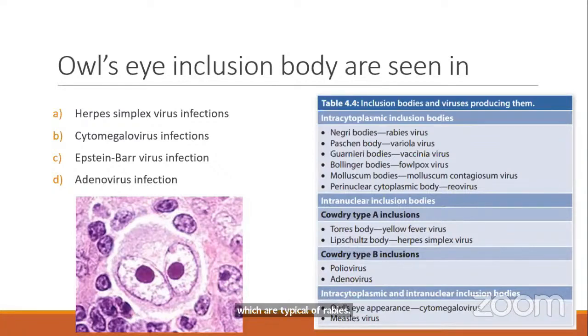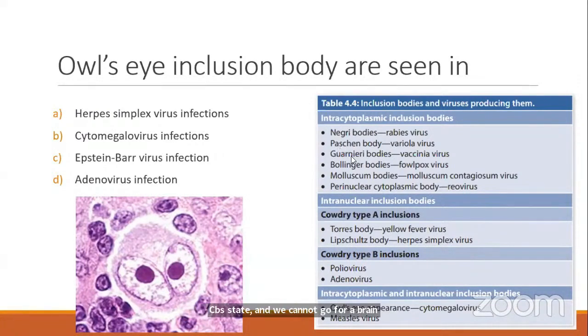If you see such an inclusion body, it is confirmatory for rabies diagnosis. But one disadvantage is that it can only be done in a post-mortem patient. For routine antemortem diagnosis, it's not wise to take a brain biopsy, because the patient might already be in a severe state and we cannot go for a brain biopsy at that time.